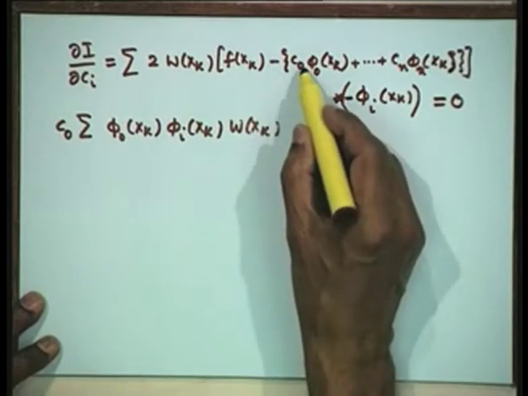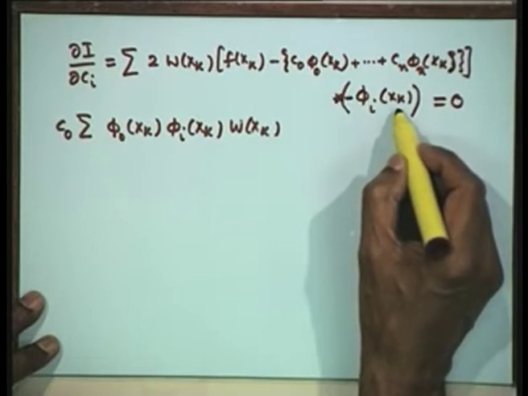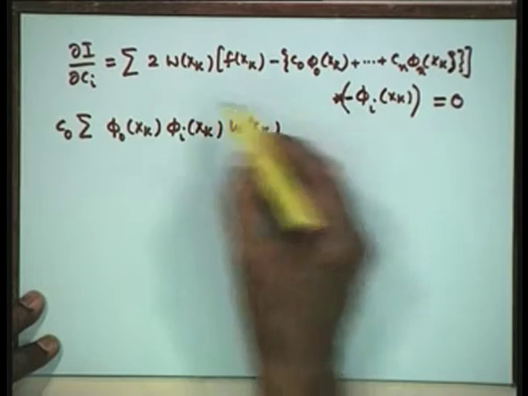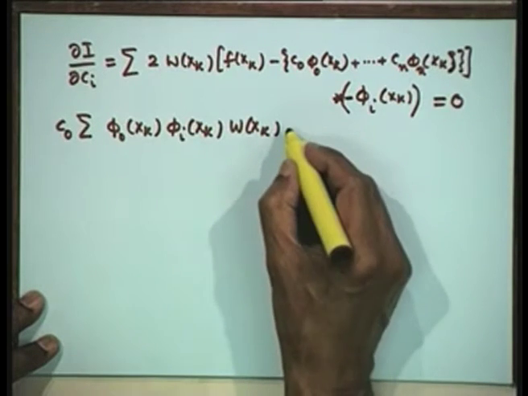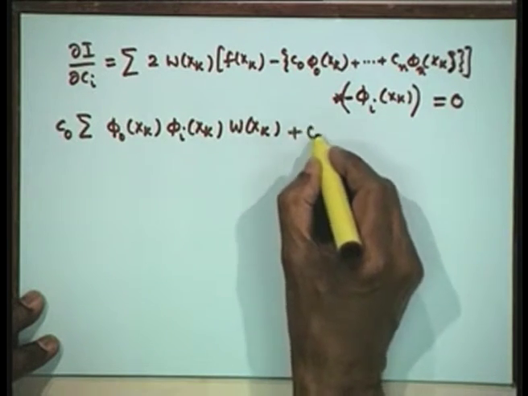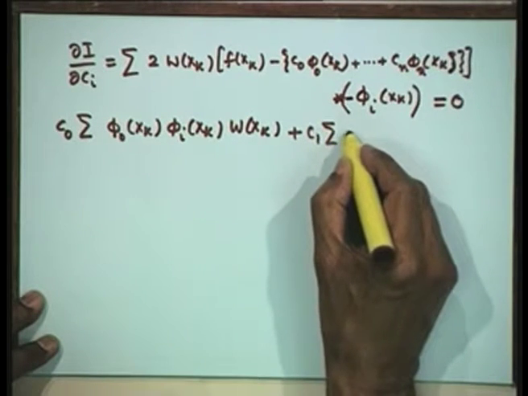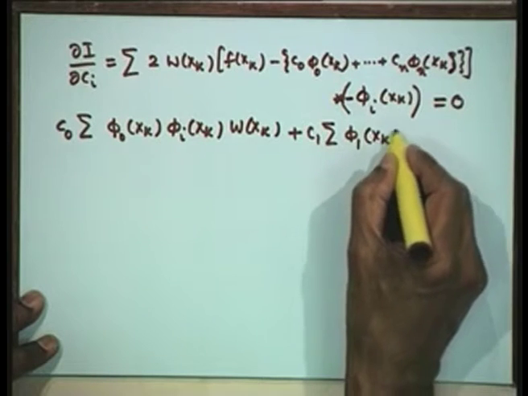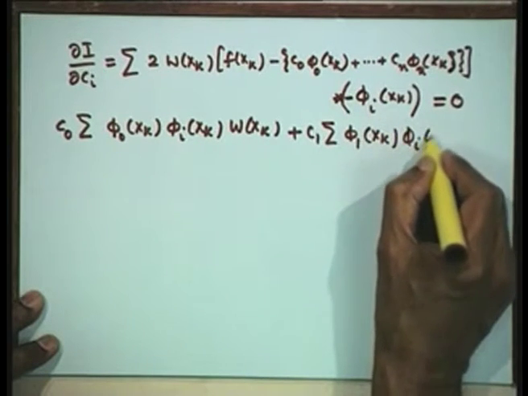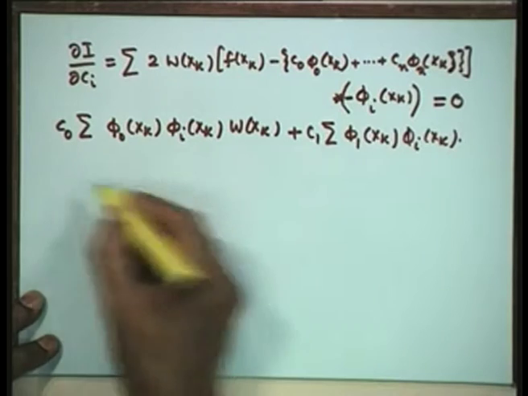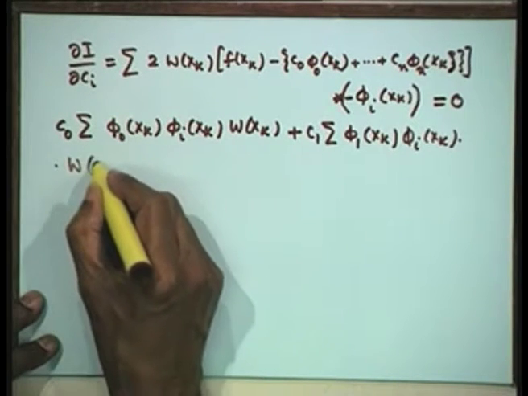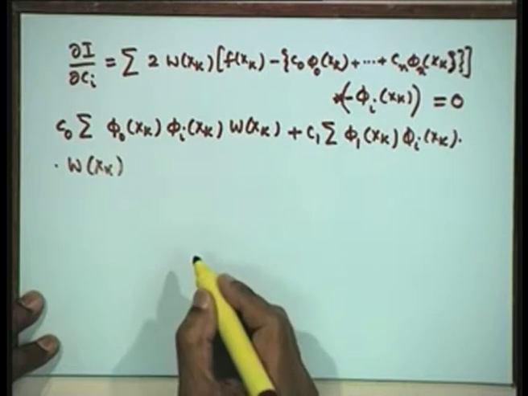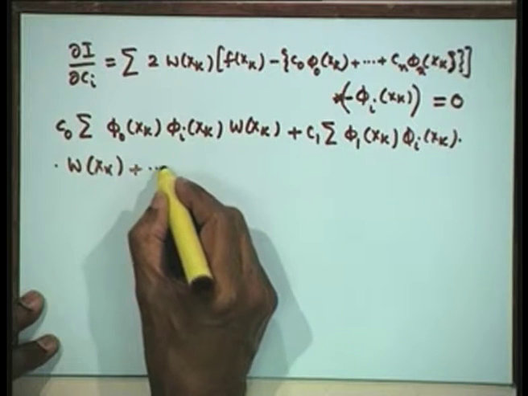So, the first term will be C 0 phi 0 phi i, both of them evaluated at x k, multiplied by w x k, then plus C 1 phi 1 of x k multiplied by phi i of x k, then we multiply by w x k, plus so on.